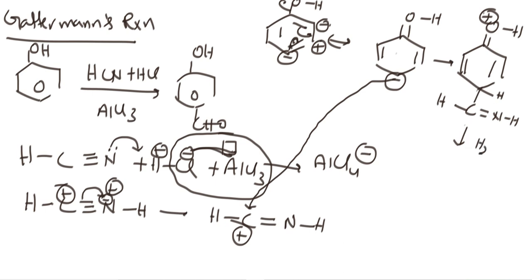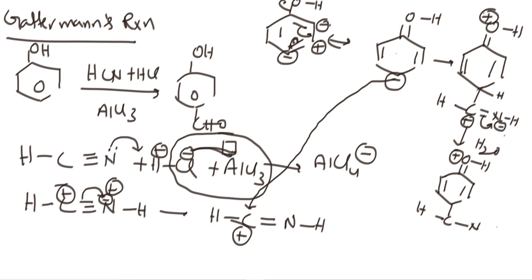Now you do hydrolysis. Hydrolysis means bond breaking here. This is negative, it is positive. Then what will happen? Here OH is added. Nothing is difficult, but the mechanism. O plus, C, N. Here H is added.